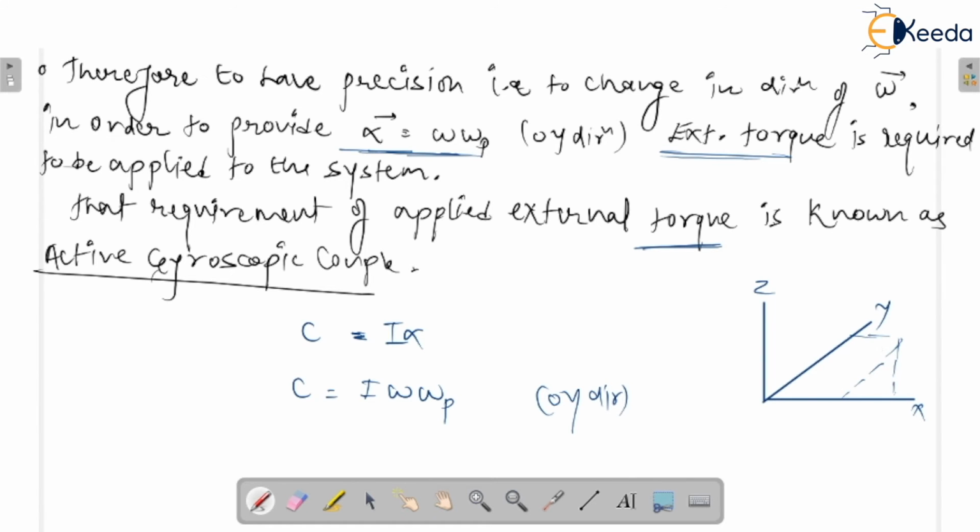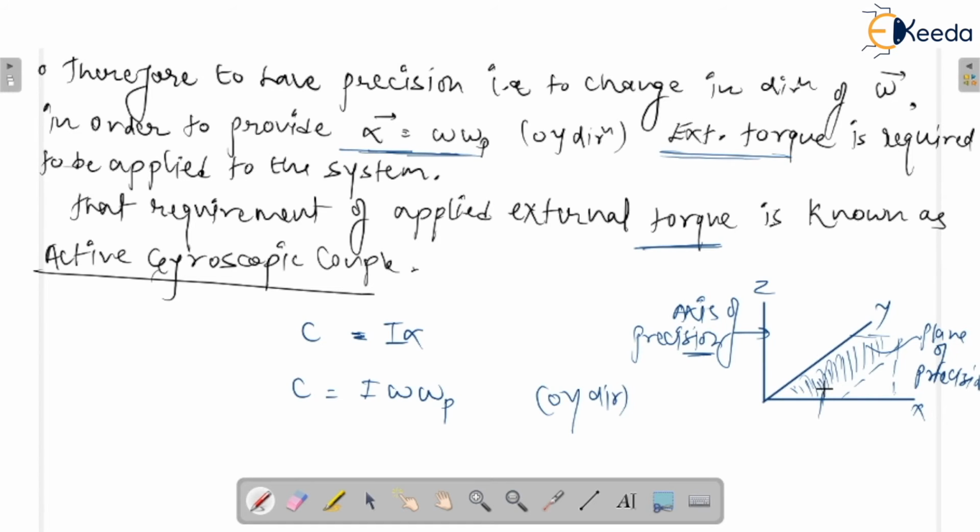This is the plane of precession, and that would be the axis of precession.